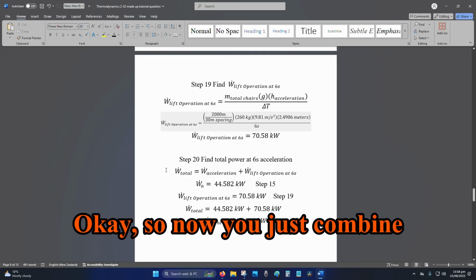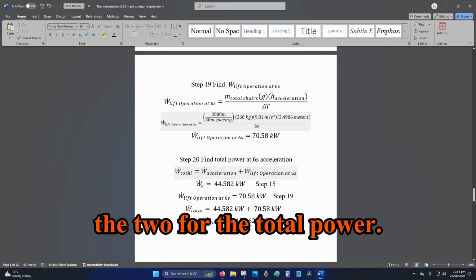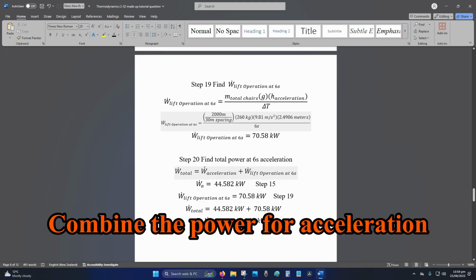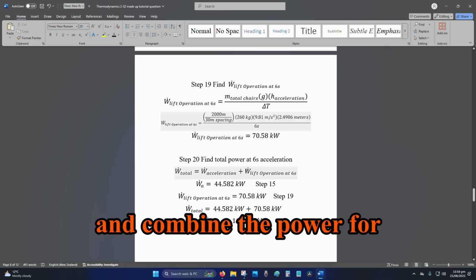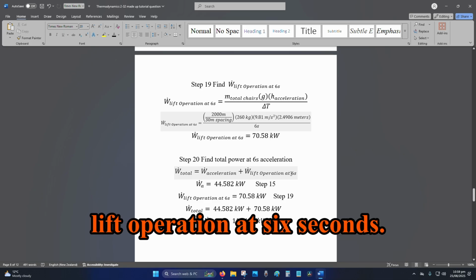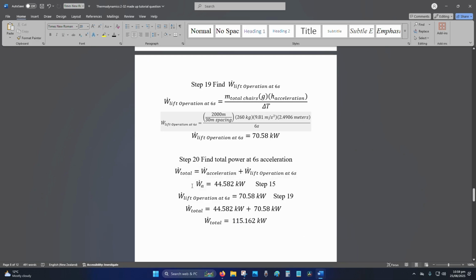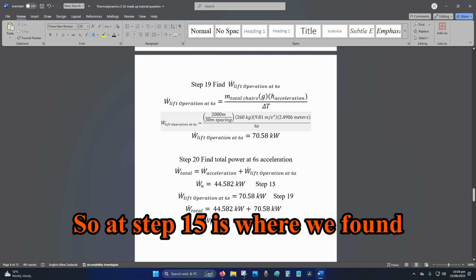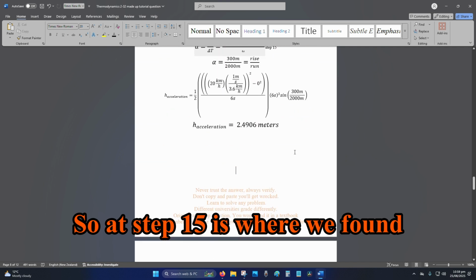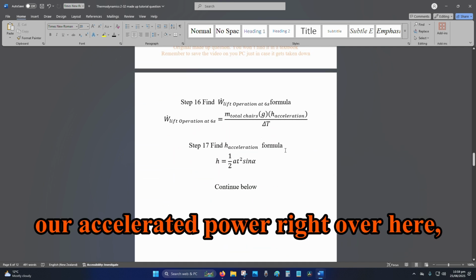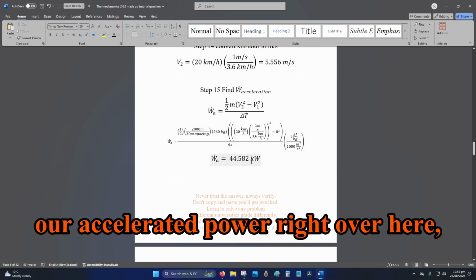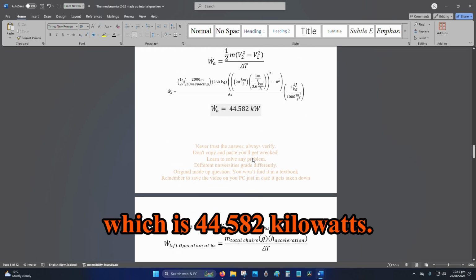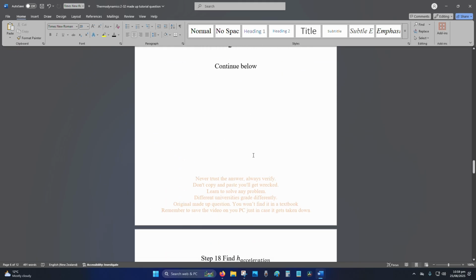Okay, so now you just combine the two for the total power, combine the power for acceleration, and combine the power for lift operation at 6 seconds. So at step 15 is where we found our accelerated power right over here, which is 44.582 kilowatts.